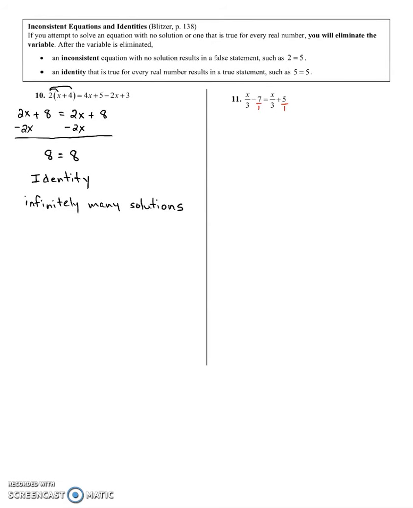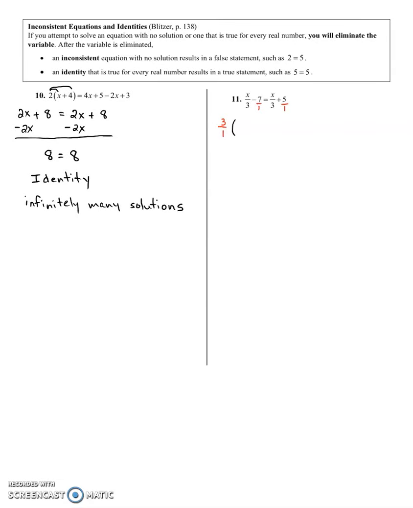So our least common denominator is going to be 3, because anytime we have a 1 and no other numbers except, in this case, a 3, then the least common denominator is always going to be whatever is not the 1. So let's multiply both sides by 3 over 1.